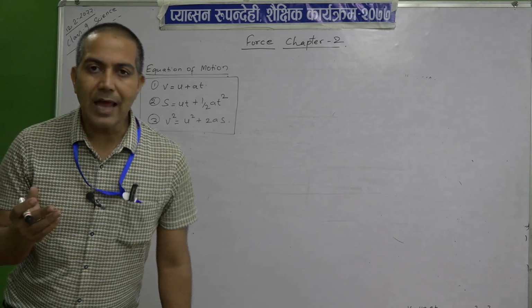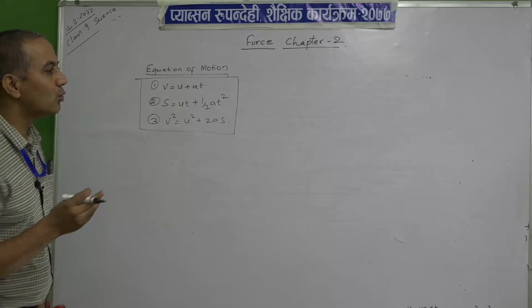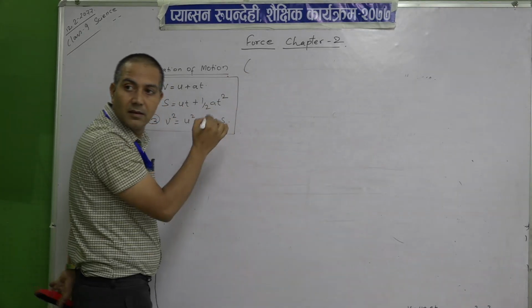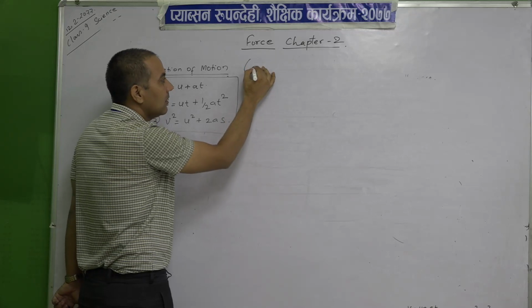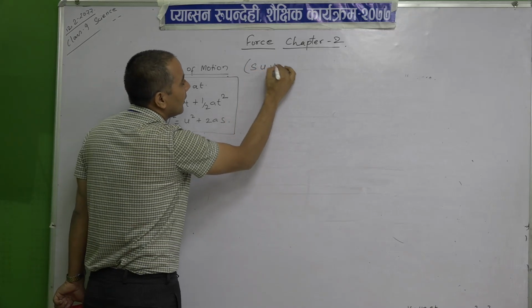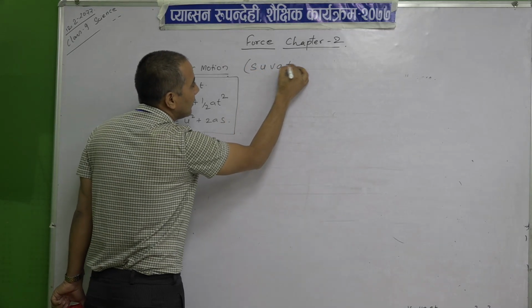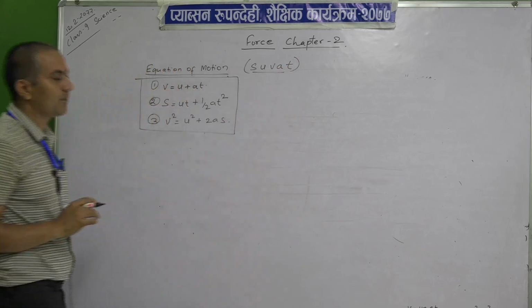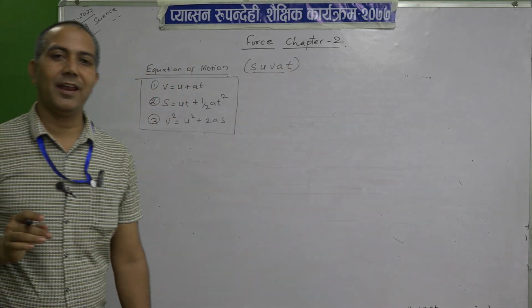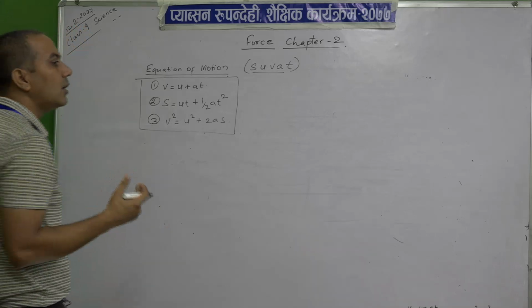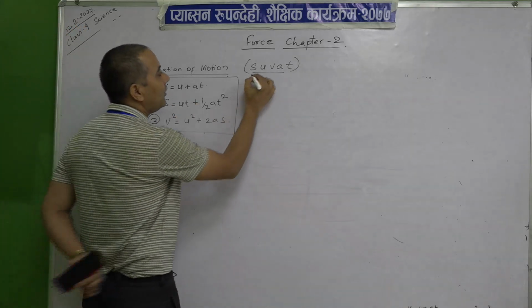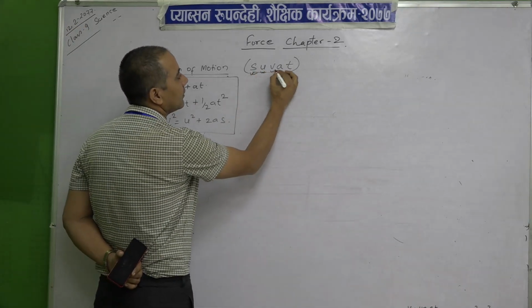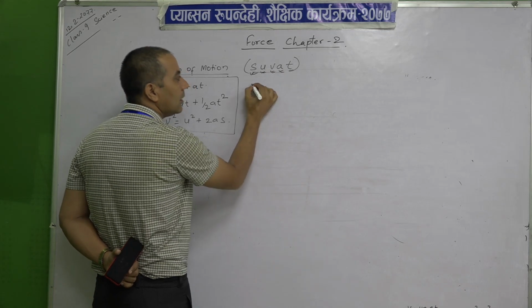Now I think in class 8 you have studied about SUVAT. In short form we say SUVAT, so there are 5 quantities. What is s?